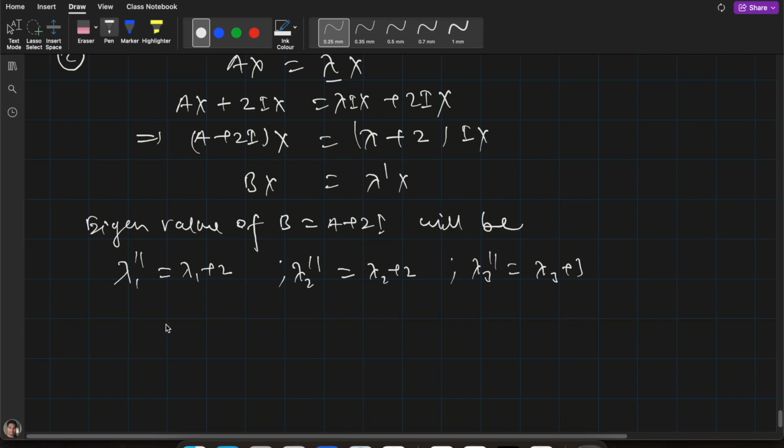And what will be the eigenvector? It would be x only. Yes, the eigenvector will not change. The third one would be λ3 + 2, sorry.